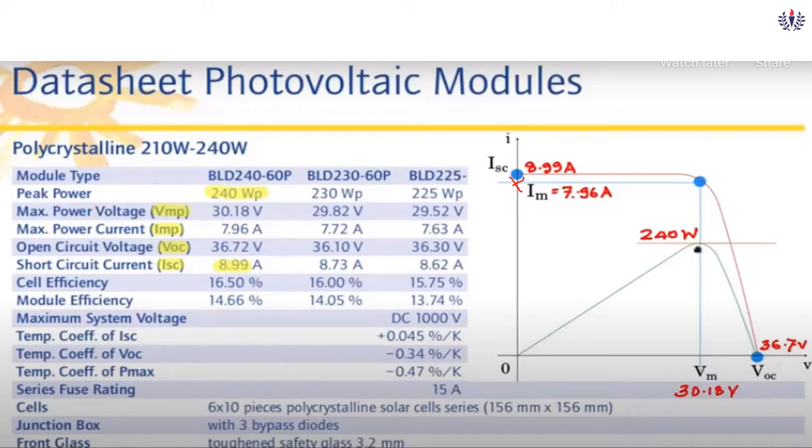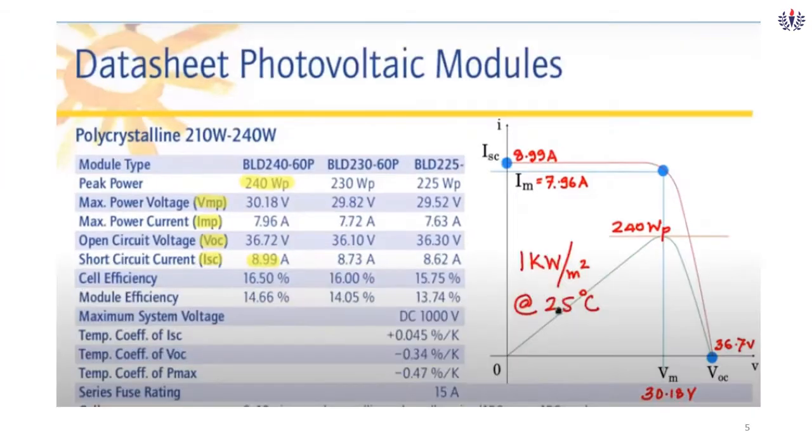The voltage corresponding to maximum power, 30.18, and the current corresponding to maximum power can also be mentioned in the graph.